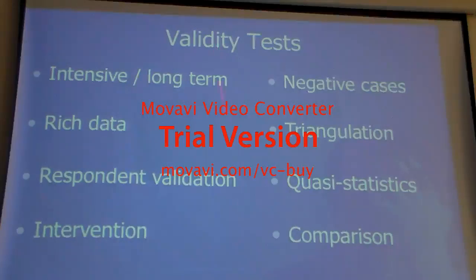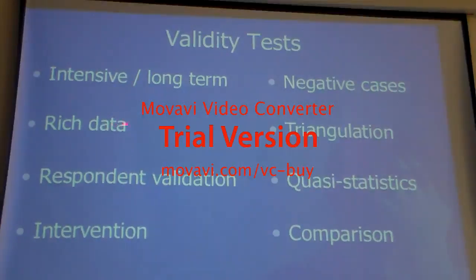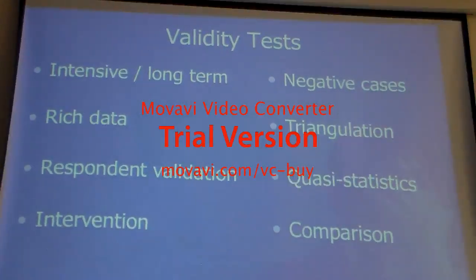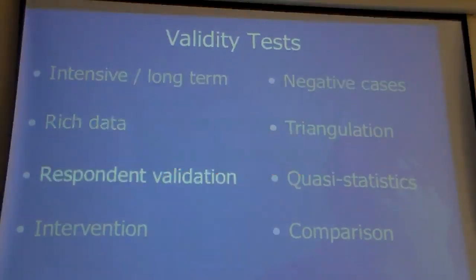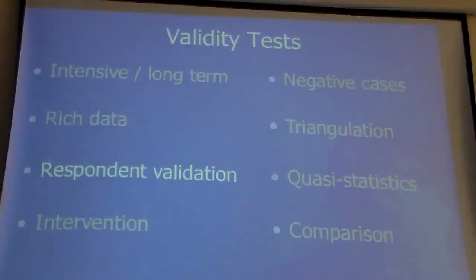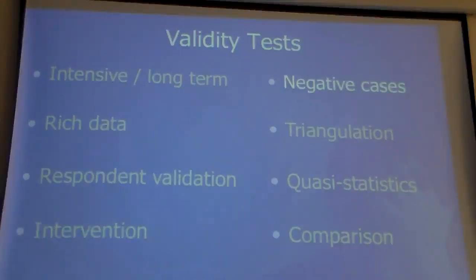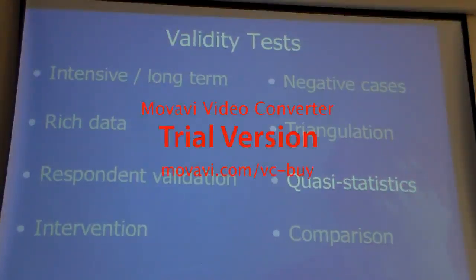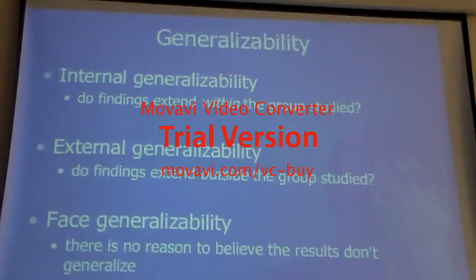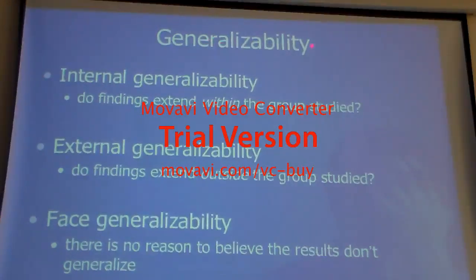There are many tests to validate: intensive, long-term, rich data, respondent validation, prevention, different cases. So if you go for qualitative research, you are going to study all these kinds of tests and use the suitable one.